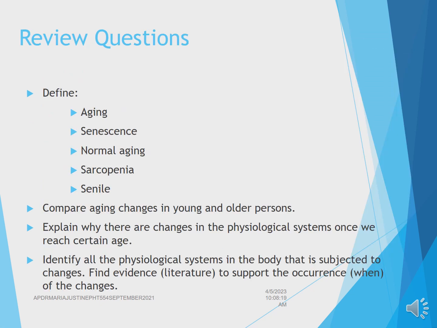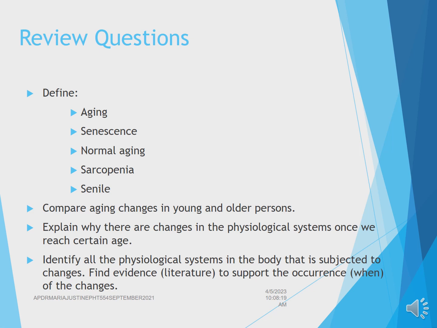Okay, so let's do the review questions. Now you are able to define aging, senescence, normal aging. And then some of the terminologies that you commonly find that are only used among older people. You don't use sarcopenia to indicate muscle weakness or muscle degeneration in young people.